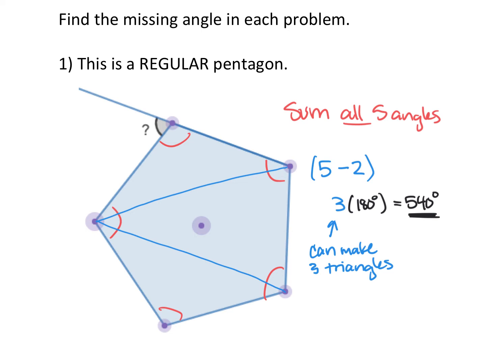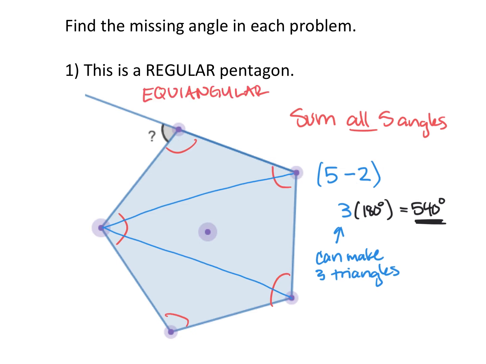Cool. Since it's regular, that means it is equiangular. That means that all 5 angles are the same. So to figure out what each angle is, I could say, let's take that 540 and divide it by 5, and you will end up getting that each angle is 108 degrees.